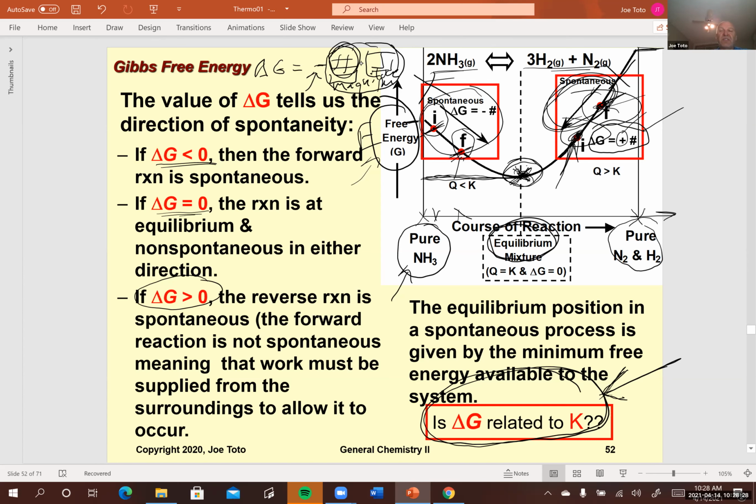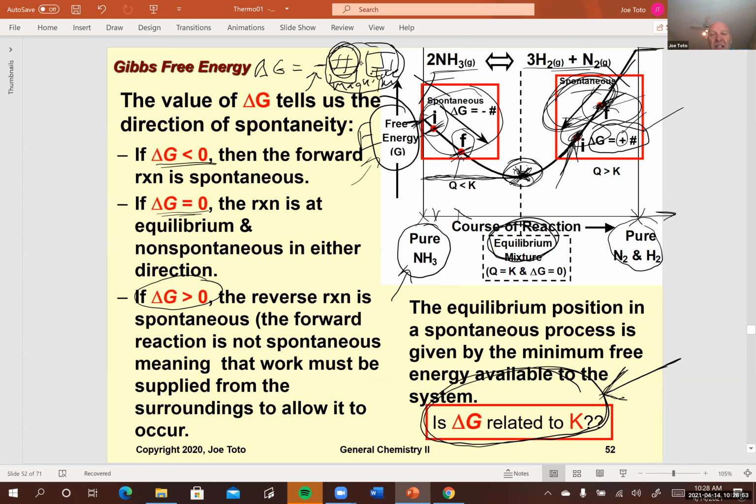So all of those things have to be rationalized in the light of our Gibbs-Helmholtz equation. Now, before we go on, there's just one more little tidbit in here that maybe we can extract some info out of, and that's the magnitude of delta G. Okay?